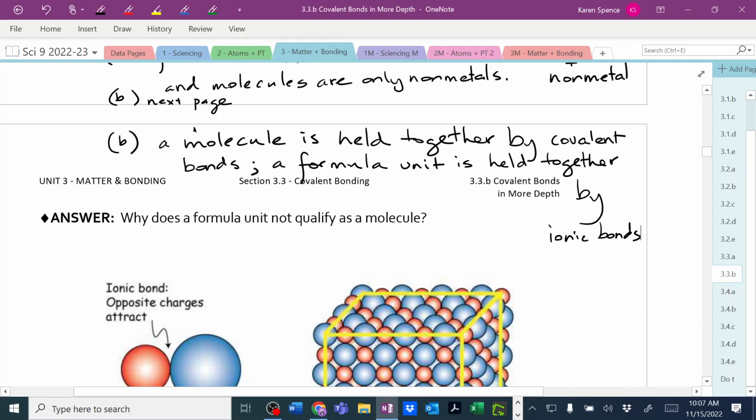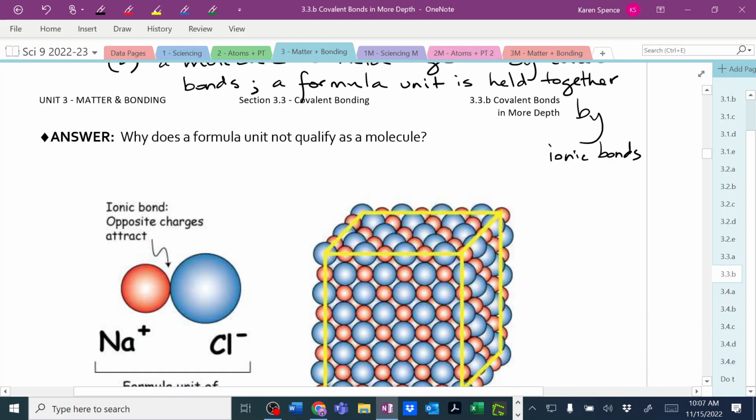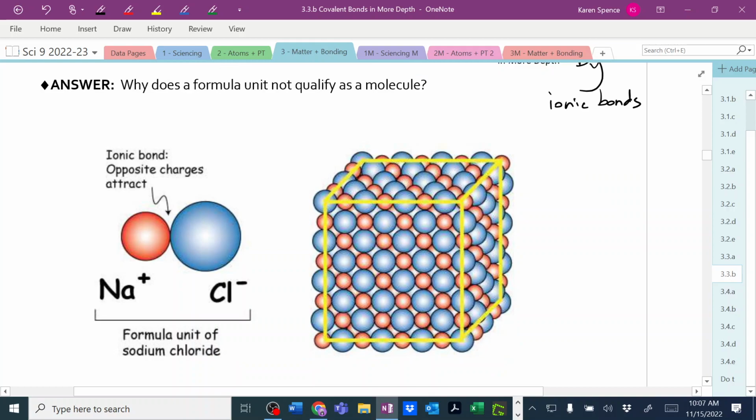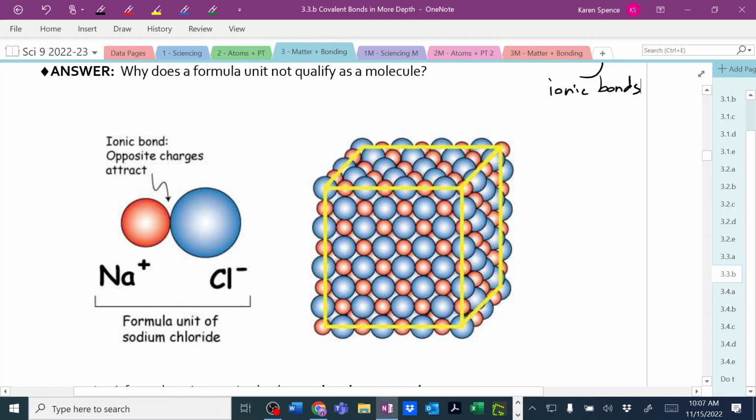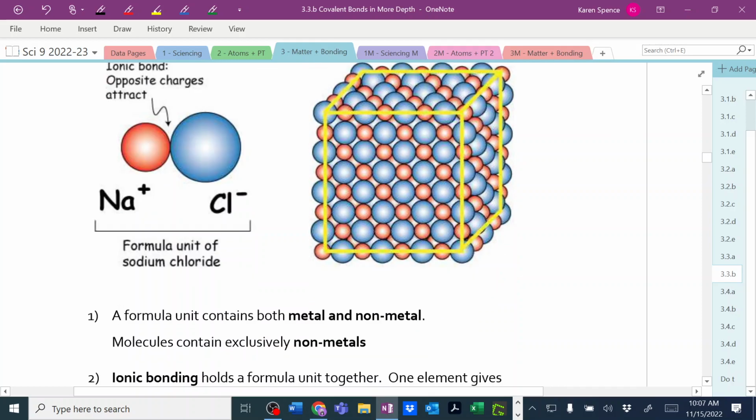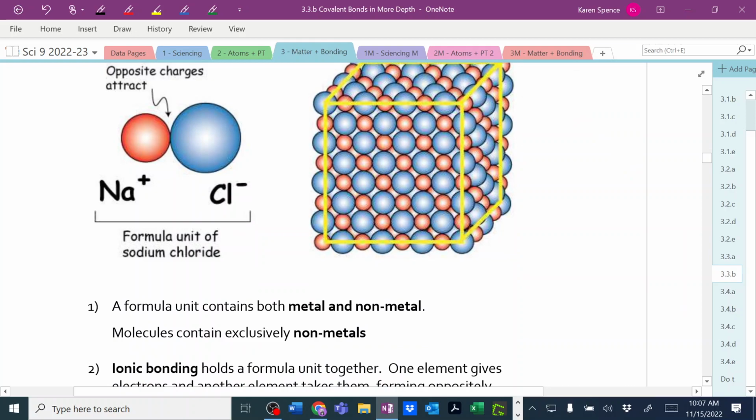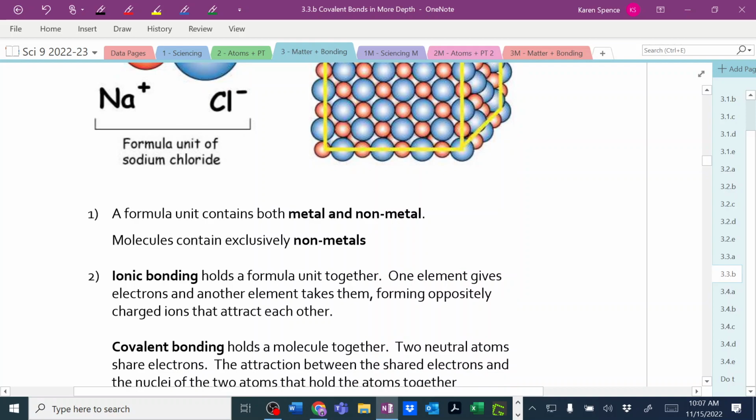Okay, and on the next page, we actually have a picture of why it doesn't qualify. We've got that formula unit of sodium chloride, and we've said it contains both metals and nonmetals, but molecules are only nonmetals.